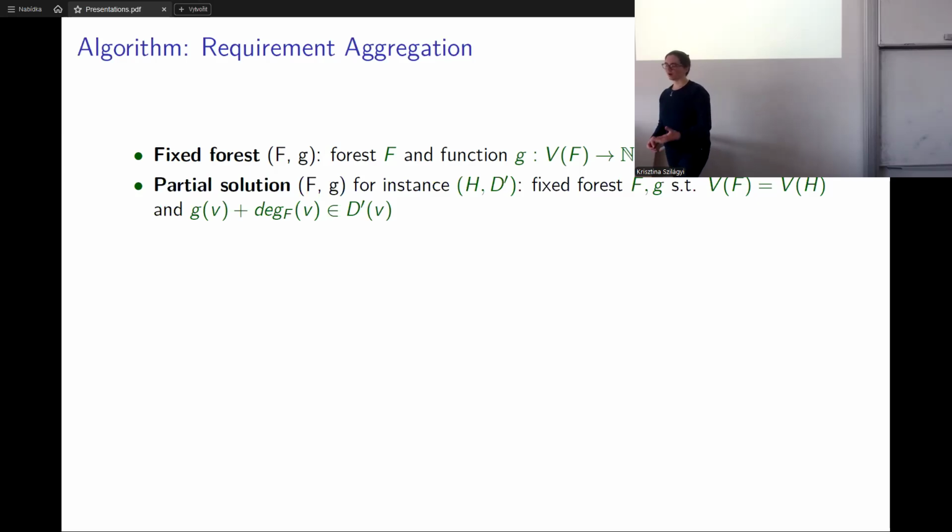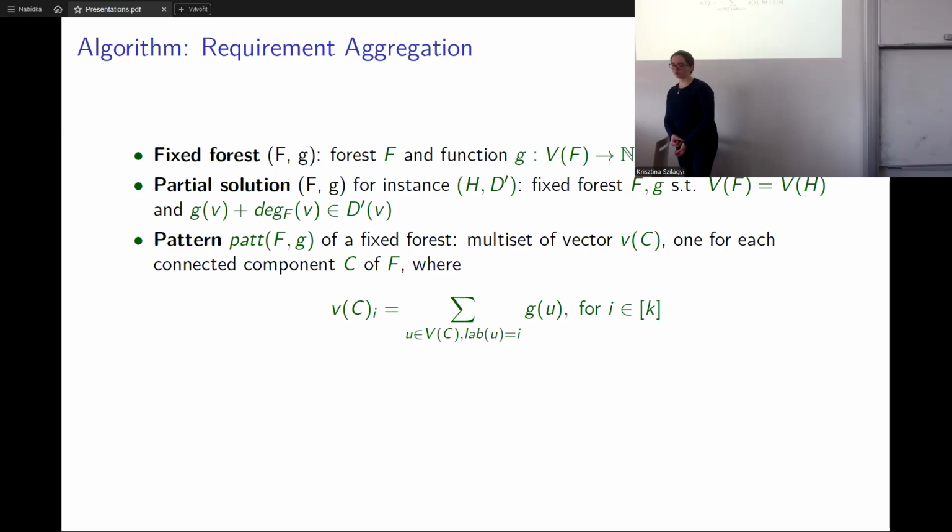So it is a fixed forest that has the same vertex set as the instance that we're given, and what the partial solution needs to satisfy is that the degree that we have until now, that is the degree of v in F, plus g of v, so g of v is the remainder, how much we need to add, should be an allowed degree for this vertex of the instance.